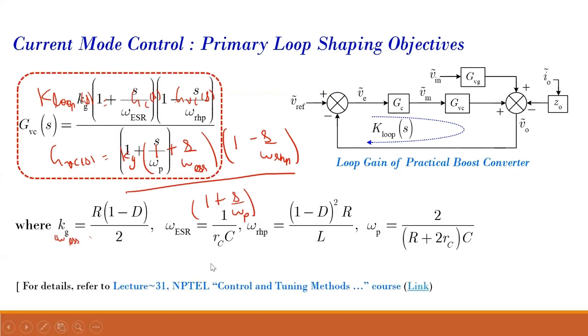All these values are given over here: Kg, the omega ESR value, the RHP zero value, and the pole frequency.